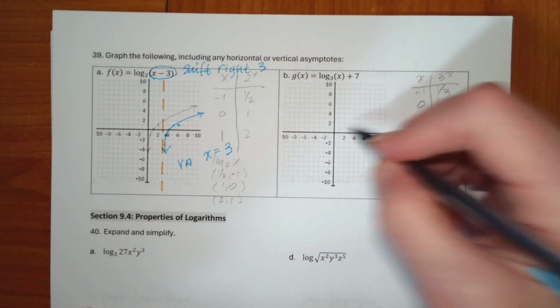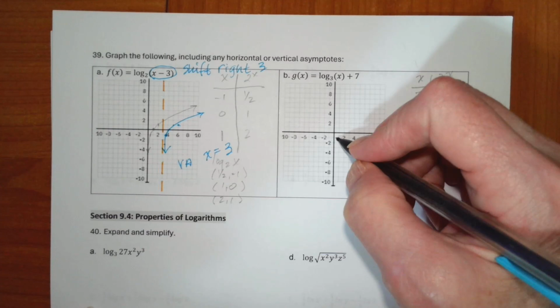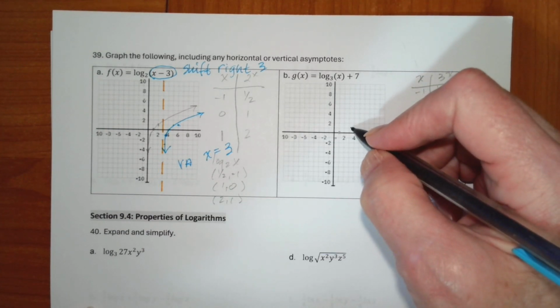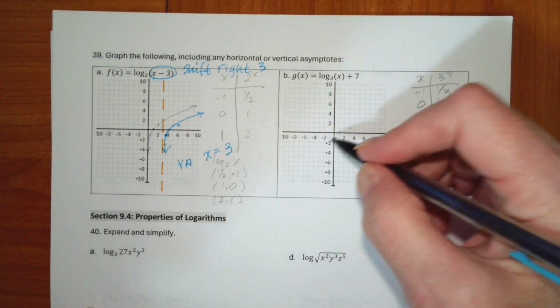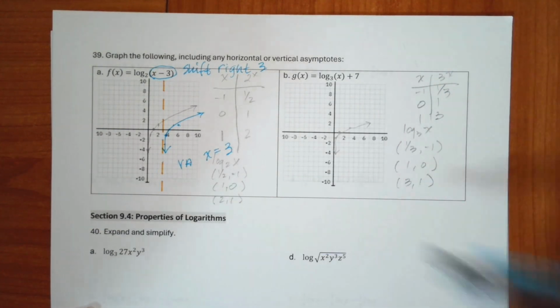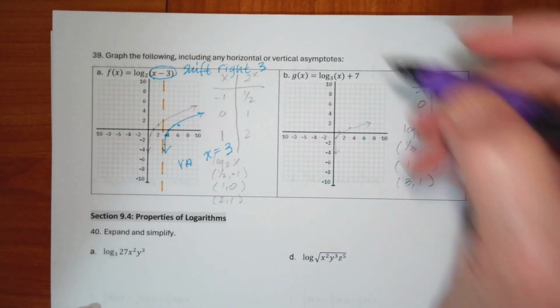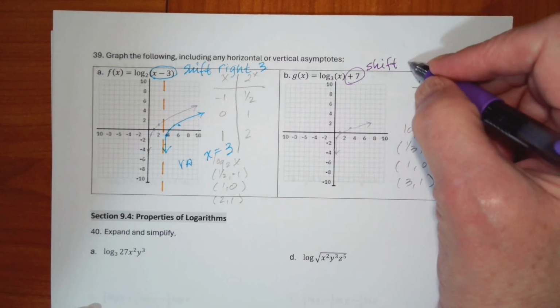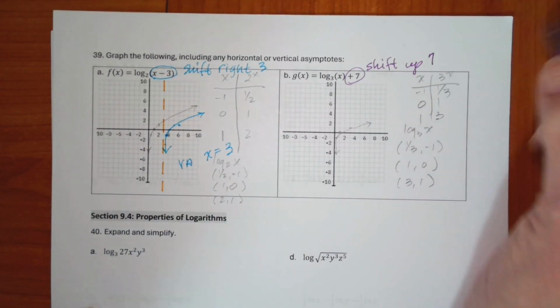So let's see. 1/3, negative 1, 1, 0, and 3, 1. Okay, so here's my parent function. And I know that this is going to shift up 7.